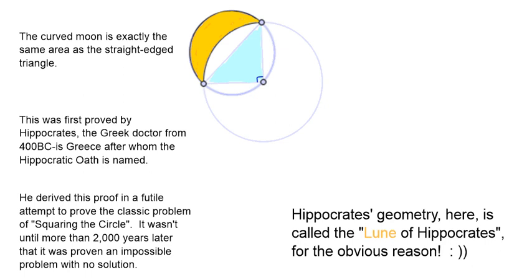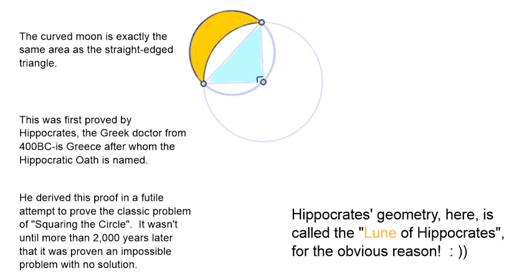This was first proved by Hippocrates, probably saying that wrong, the Greek physician from around 400 BC in Greece, after whom the Hippocratic Oath is named. He derived this proof in a futile attempt to solve the classic problem of squaring the circle. You can look that up if you want to see what that is. But it was a classic problem in ancient Greek geometry.